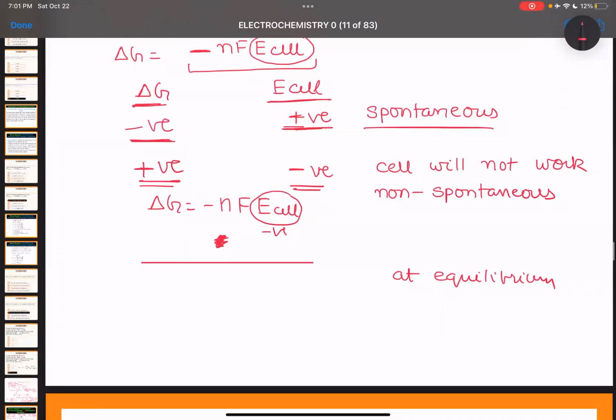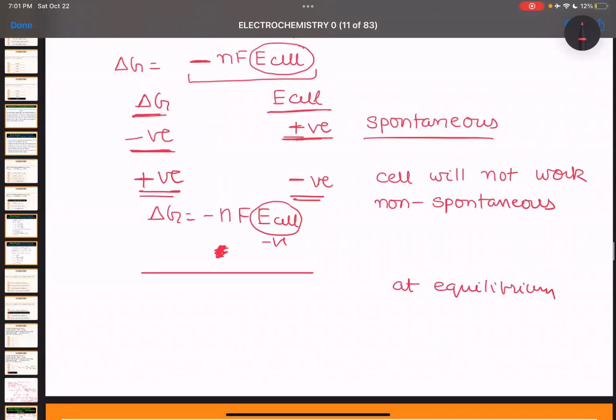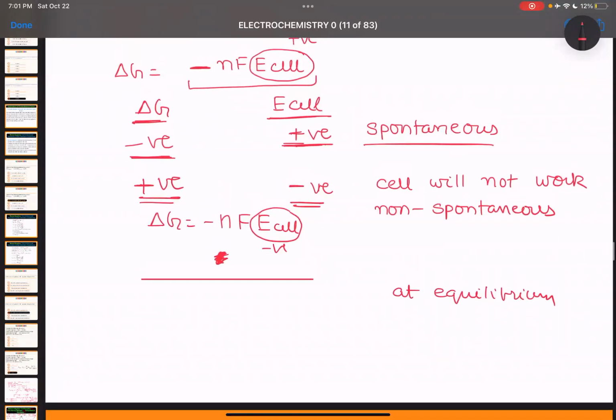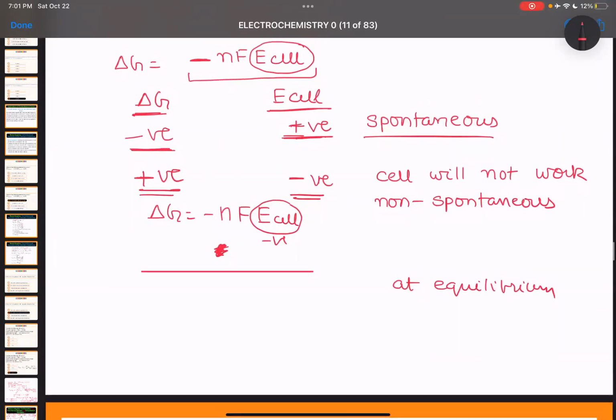At equilibrium, the reaction is happening in both the directions equally. At equilibrium it seems the reaction stops. Actually, it is occurring in both the directions with the same speed. So we think that the reaction has completely stopped. Right? Clear?